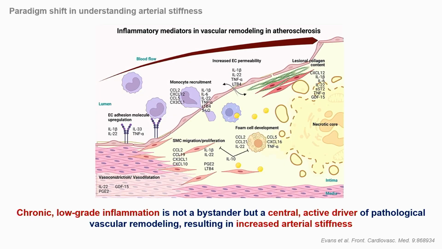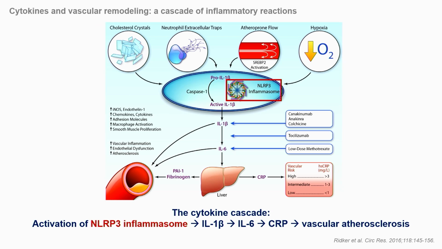Previously, inflammation was not regarded as a strong factor in terms of vascular remodeling, but in the past few decades, chronic low-grade inflammation has been reported to be a central active driver of pathological vascular remodeling, which results in increased arterial stiffness. In particular, a key molecular pathway that has been linked to vascular atherosclerosis is the NLRP3 pathway, which stands for NOD-like receptor pyrin domain containing protein 3, or something like that.